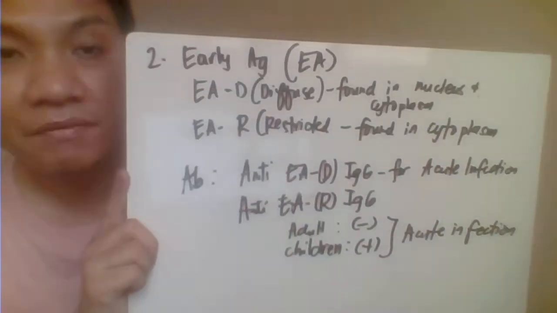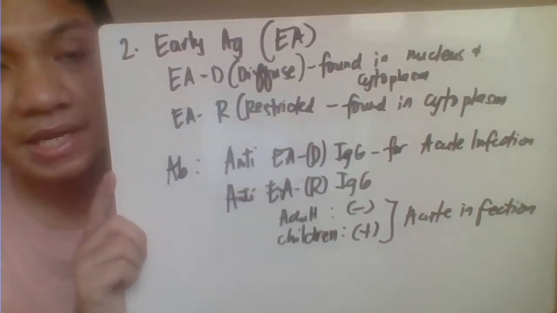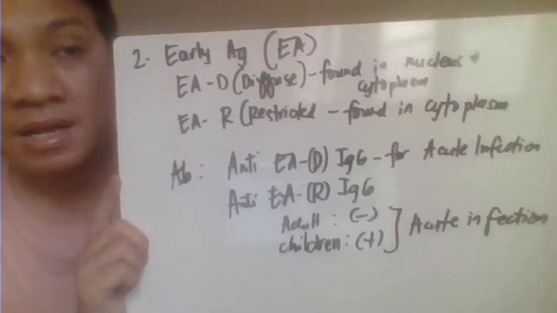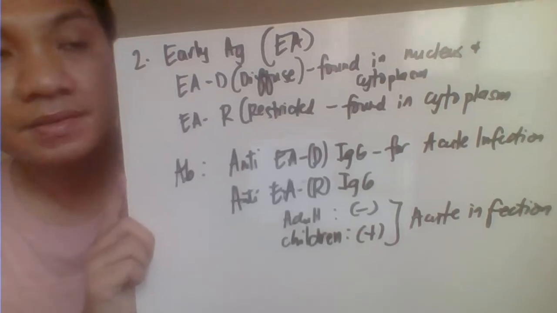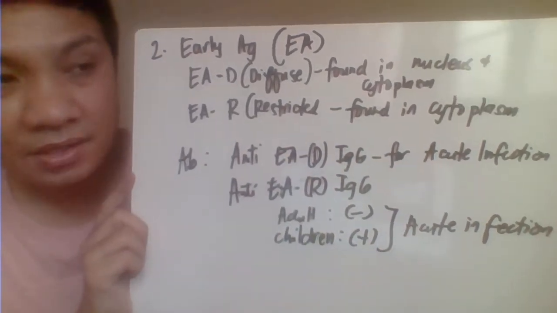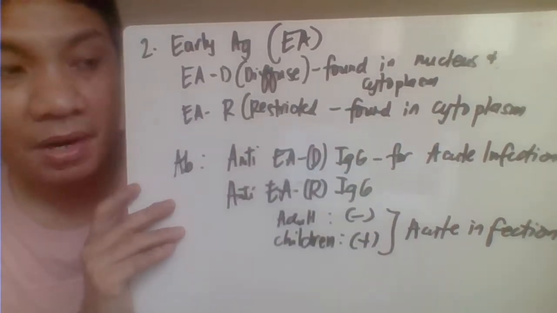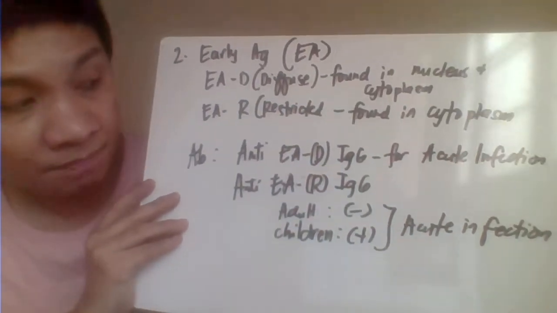Another marker, we have here your early antigen divided here into your diffuse and restricted. Diffuse could be found here diffusing in the cytoplasm and in the nucleus. And the restricted, on the other hand, could be found only here in the cytoplasm. This is not a reliable marker for diagnosing an acute infection.